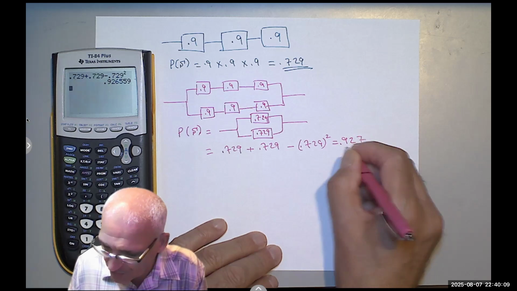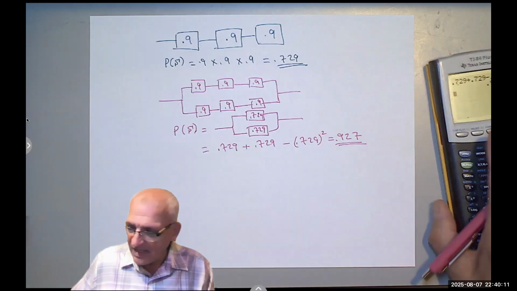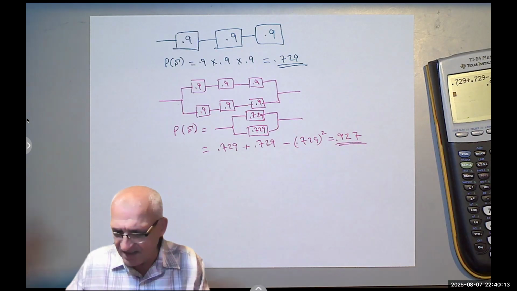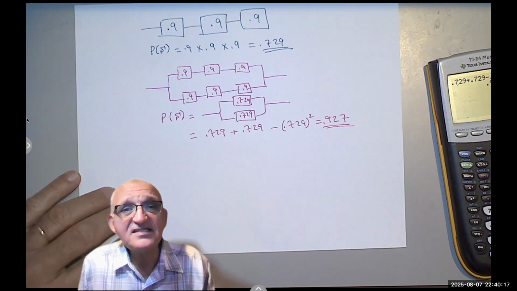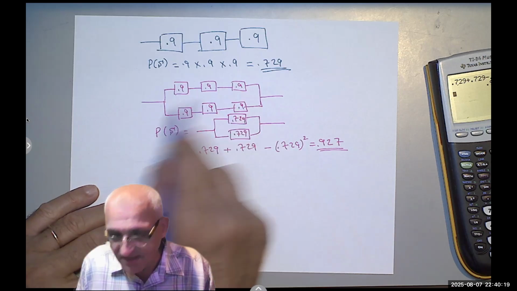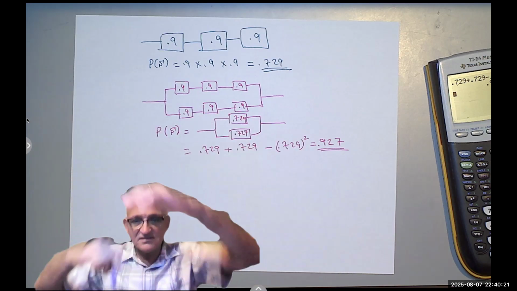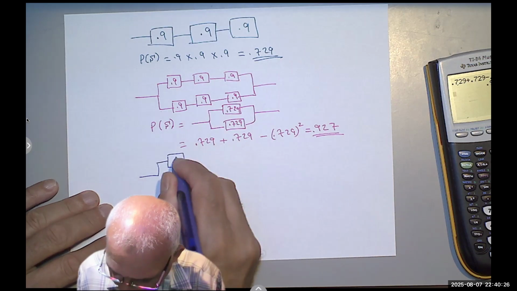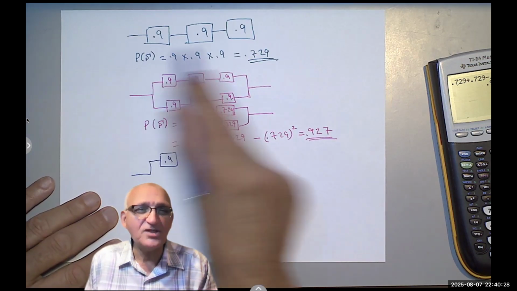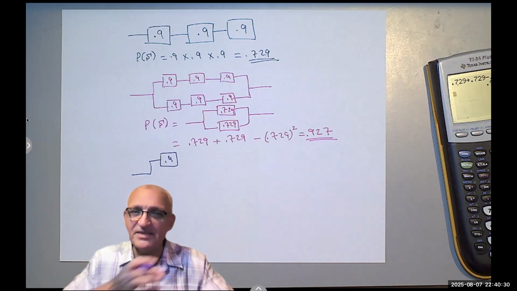Let's say 0.927. And then another engineer would say, wait a second, I have another idea. Instead of making the whole system redundant at a high level, I'm going to take this element. I picked 0.9 just for simplicity for all of them. I made them all the same.